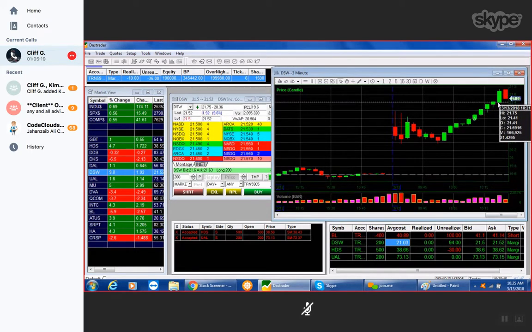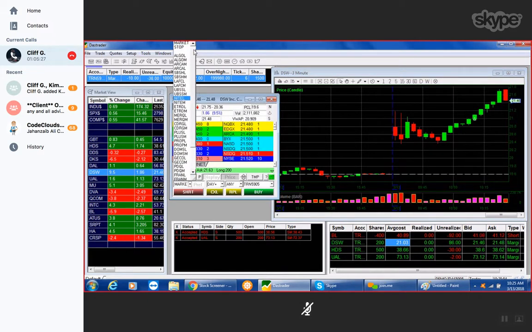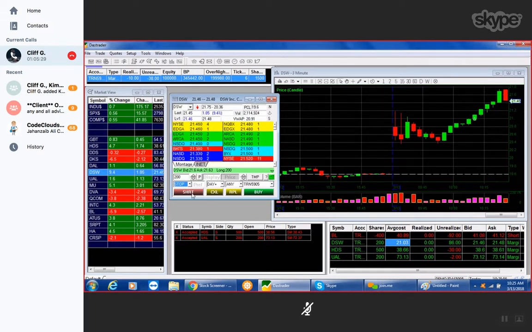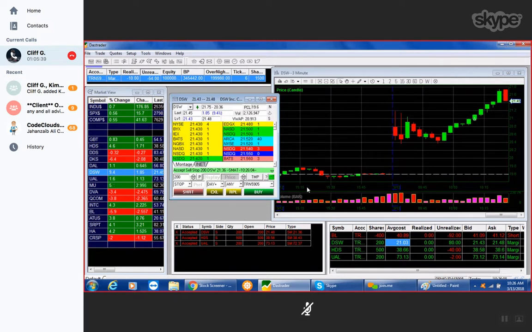So if it reverses trends and comes under 41, I'm going to put a stop loss at 21.36. So I'm going to come over here, put it on stop, and tell the platform to get me out at 21.36. Okay, there's the 21.36. May or may not take me out.